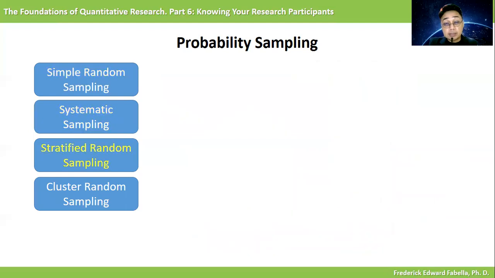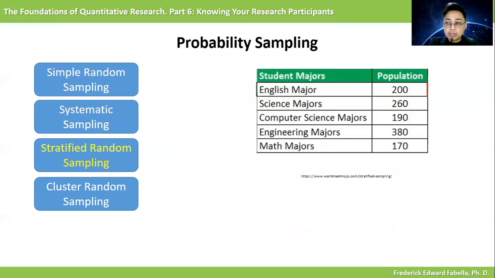Let's now proceed to stratified random sampling. From the word itself, stratified means that you need strata. If you have a population, for example, the student population of a particular college, you can divide that population into strata. Let's use majors as the strata in your population.